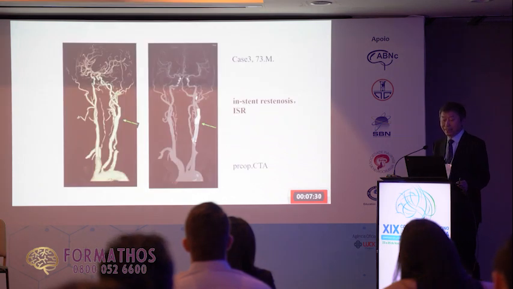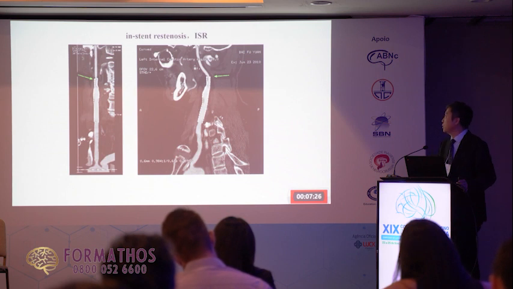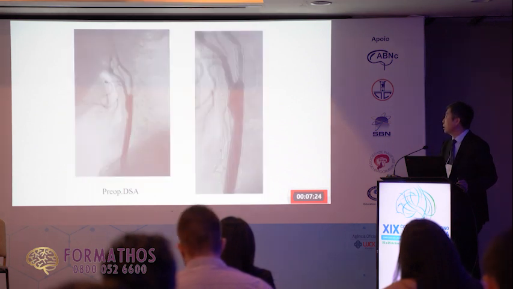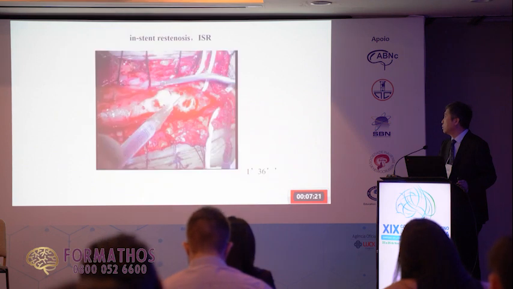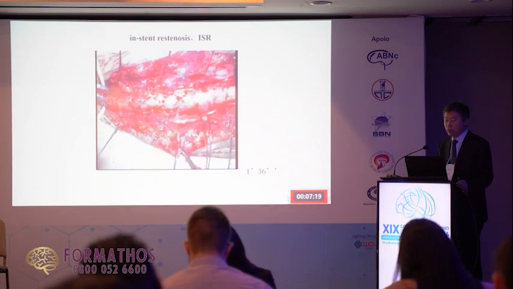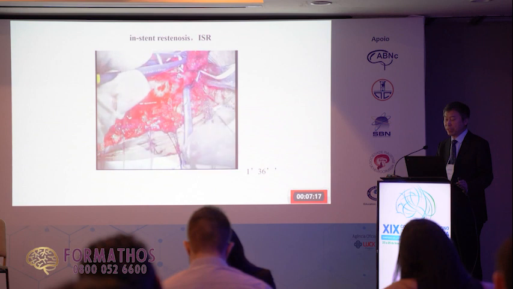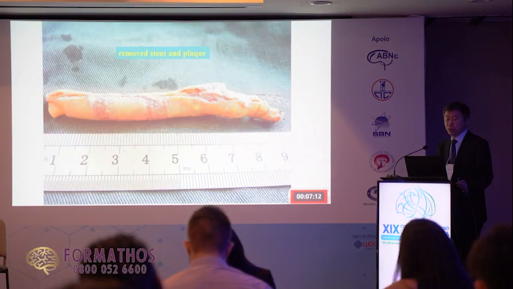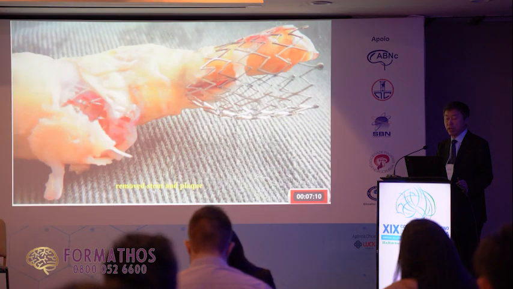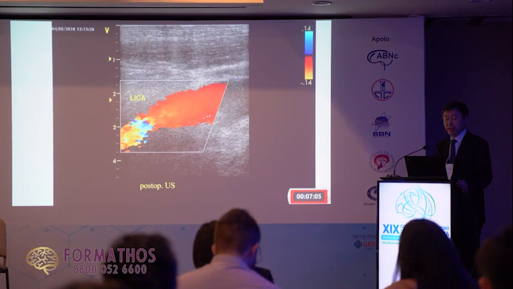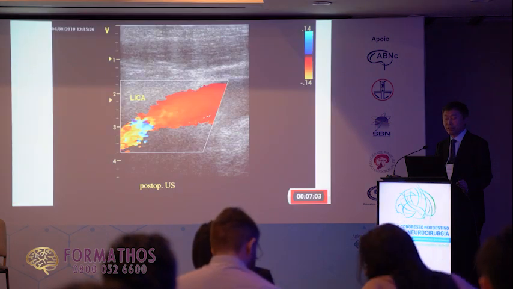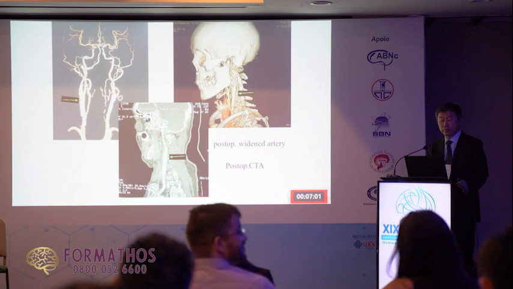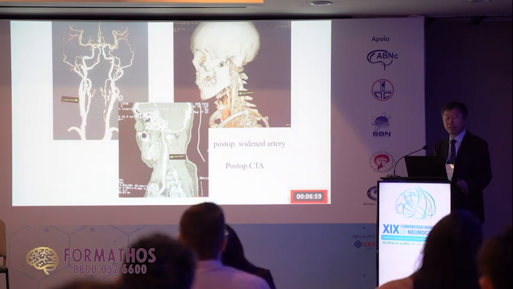For example, the instant restenosis, 2 stents, we remove the stent and plaque during the operation, and remove the stent and plaque. We can see the plaque grow into the stent, and the post-operative ultrasonography, post-operative widen artery.